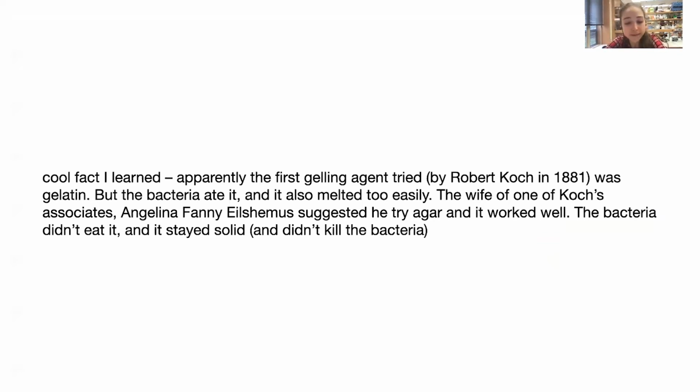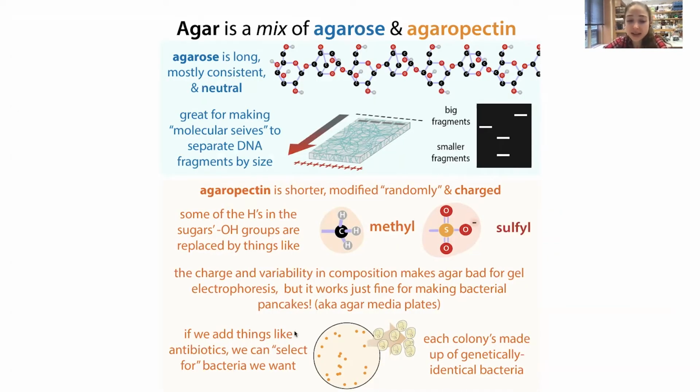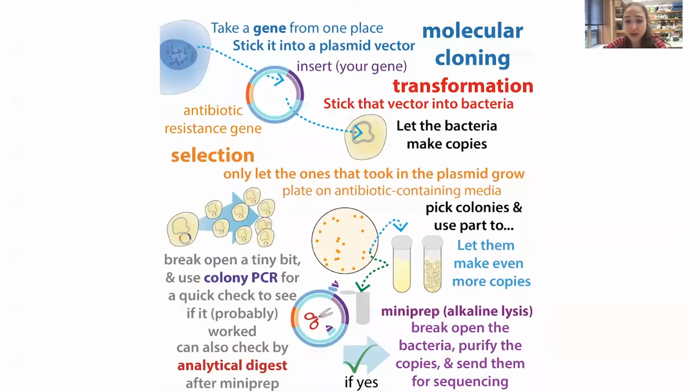So thank you, Angelina. If we add antibiotics, we can select for bacteria that we want. When we're doing biochemistry and not just trying to culture whatever bacteria is hanging around, we want to make sure that only bacteria that actually have the DNA that we put in there are going to survive. We can do this by selecting using an antibiotic resistance gene on our plasmid.